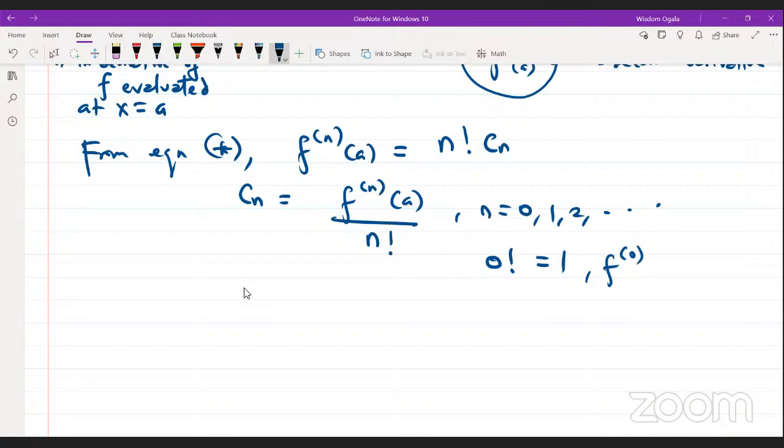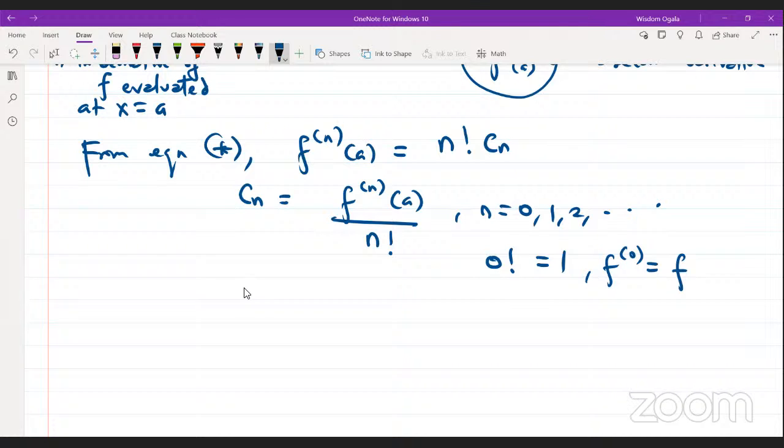F superscript 0 means do not differentiate. Do not take any derivative. So keep that in mind. When you have f superscript 0, do not differentiate. It is just the original function. We're really talking about the original function itself.